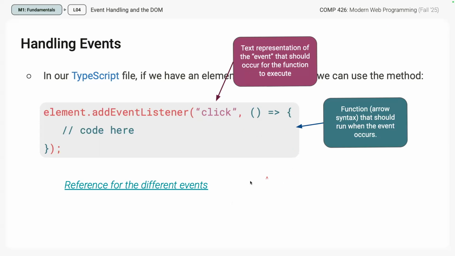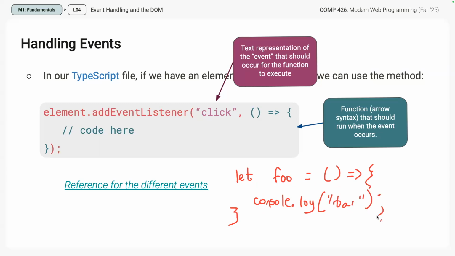So I can say, for example, let foo equals, and then we can define a function inline like so, and say maybe console.log bar. And so this defines a function. This is the same as when you write function foo with parentheses and a body that has console.log. This is equivalent, where we can have let foo equals, and then we use an arrow function instead.